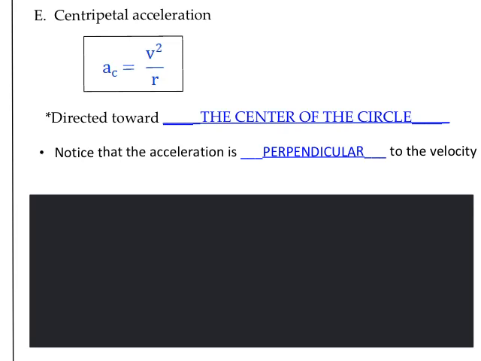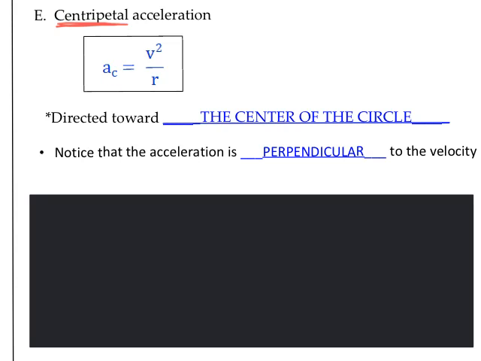Next, we're going to look at the ideas of acceleration and force, but for objects moving in a circle. So we call this the centripetal acceleration, and whenever you see the word centripetal, I want you to think about the object moving around in a circular pattern. The formula for this is going to be the acceleration, and we put a little subscript of a c for centripetal.